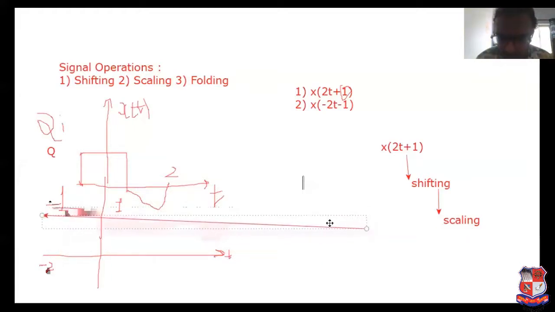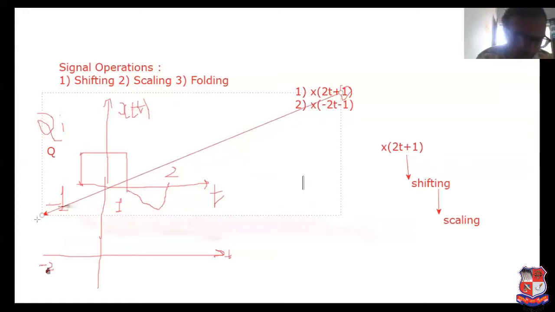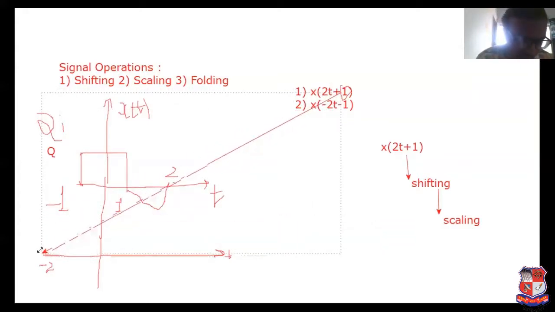This one indicates start with minus 2, and here we can write 1.